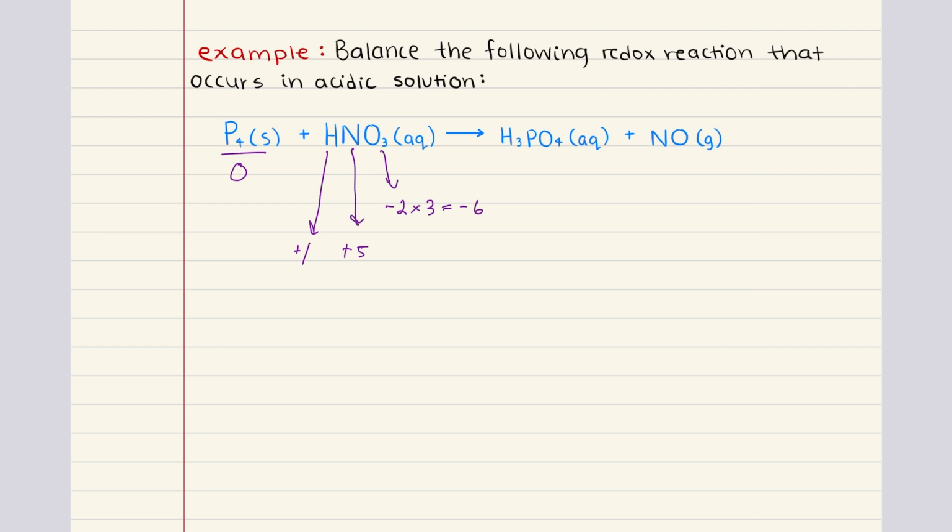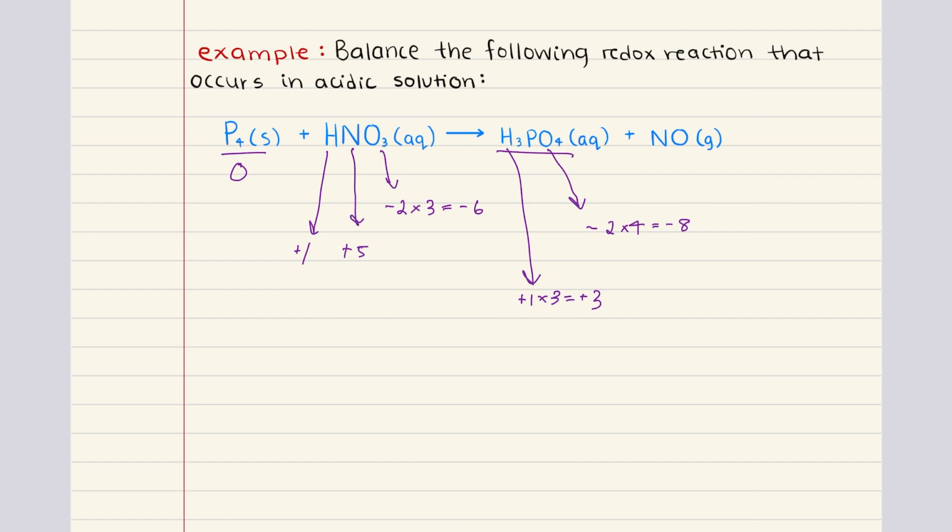Then in the product side, we have phosphoric acid. Oxygen here has an oxidation number of -2, and we have a total of 4 oxygen atoms. This gives us a total negative charge of -8. Hydrogen has an oxidation number of +1, and there are 3 hydrogen atoms. So we have a total of +3.